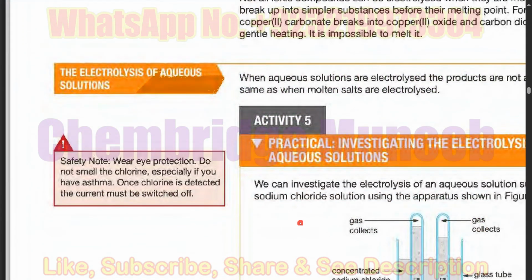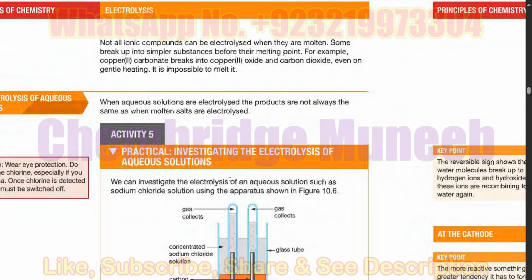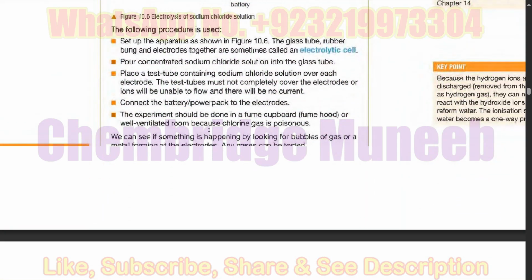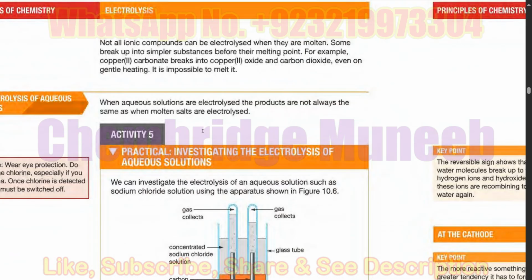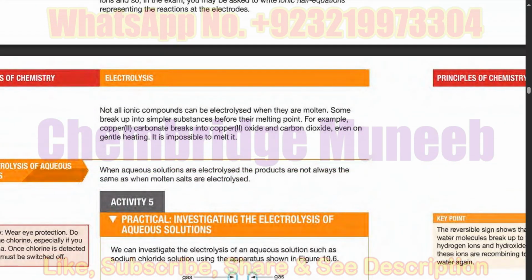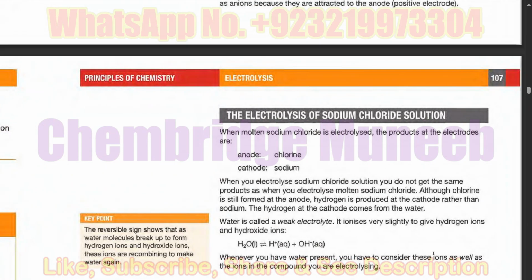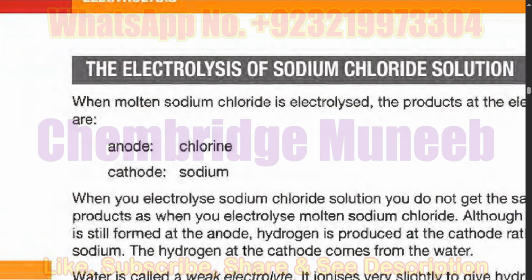In this case, it becomes a little difficult to predict the products of the chemical reaction because of the introduction of the water molecule along with the ionic compounds, because we are considering aqueous solutions. Aqueous solution means there will now be water molecules as well along with the ionic compounds.